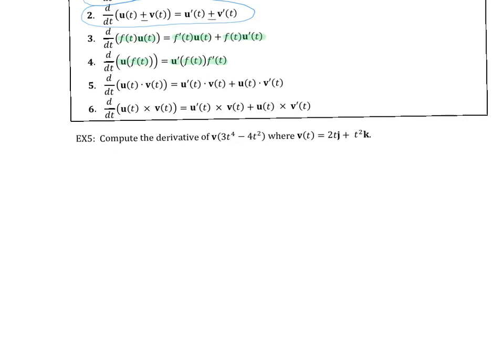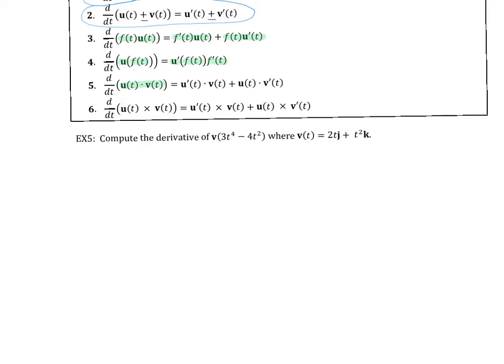5 and 6 would be the derivative for the dot and the cross product of two vectors. Again, I caution you that working on the left-hand side and doing the dot or cross first is typically easiest. So if you're going to dot two vectors and take the derivative, you can use the usual product rule.